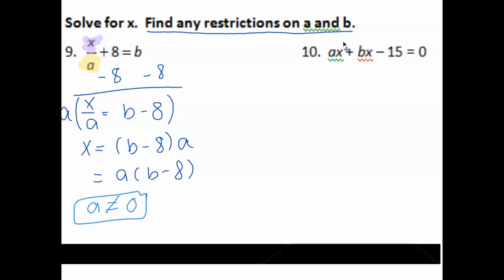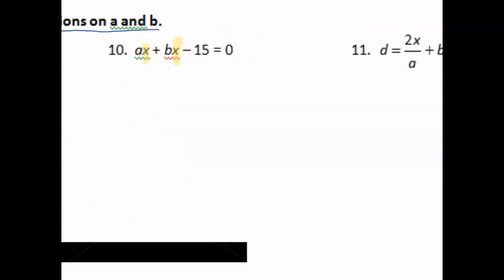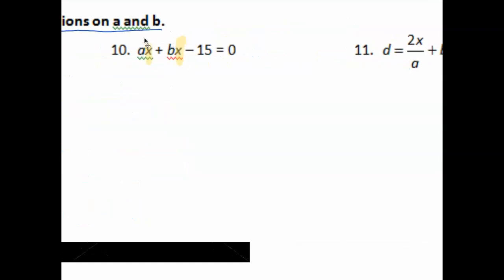In example 10, we are trying to isolate x. Now I have 2 x's. So what we're going to do is move the 15 to start.